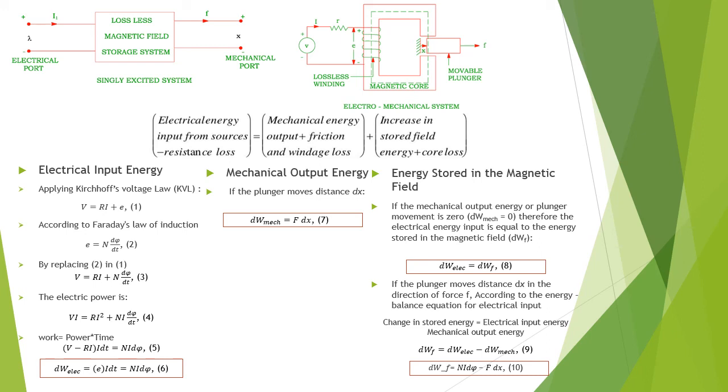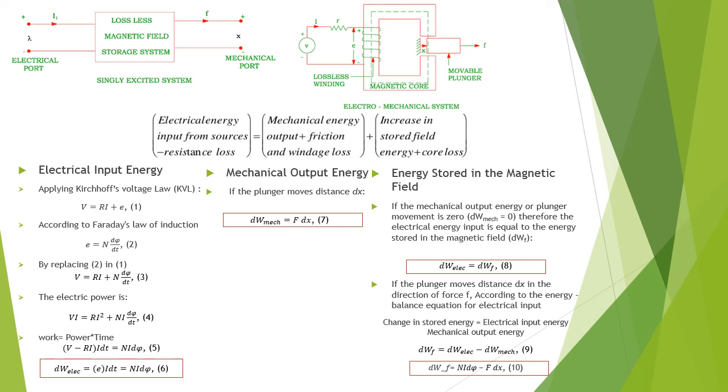If the mechanical output or plunger movement is 0, then the mechanical work is equal to 0, and based on the energy balance, the electrical work will be equal to the energy stored in the magnetic field.